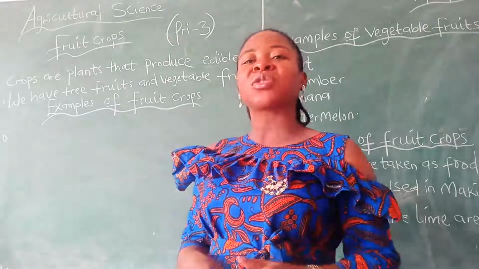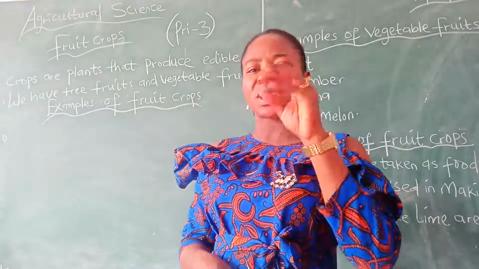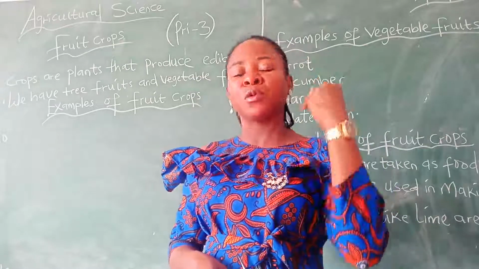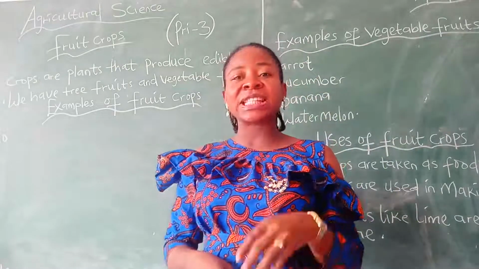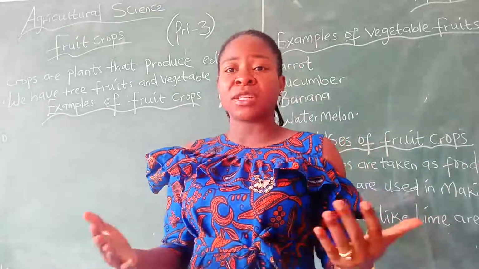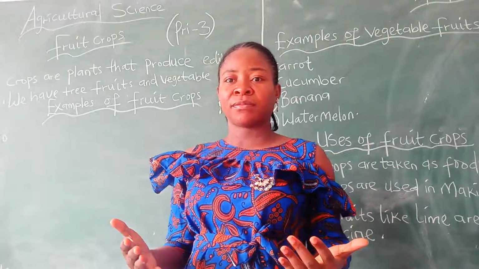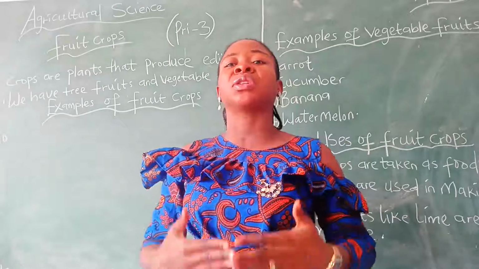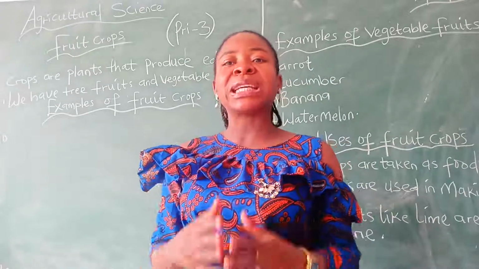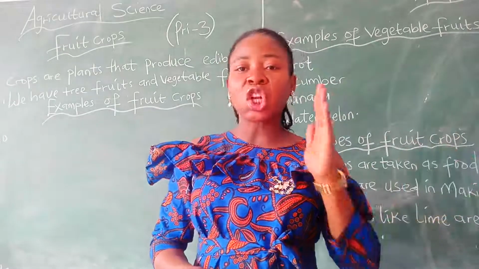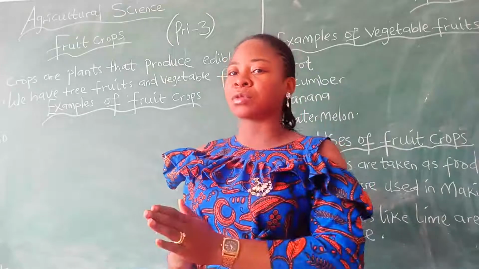Now, cucumber is not just a fruit. Cucumber is a vegetable fruit. That is the reason why, when we are classifying fruits, even under vegetables, you can find cucumber. Under fruits, we can also mention cucumber, but they are under vegetable fruits, not under tree fruits.